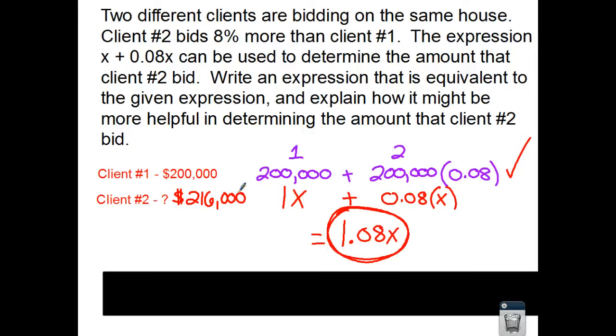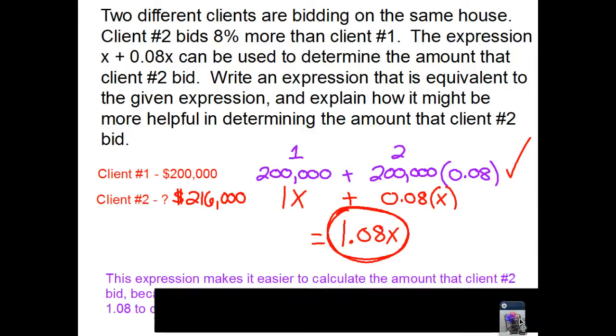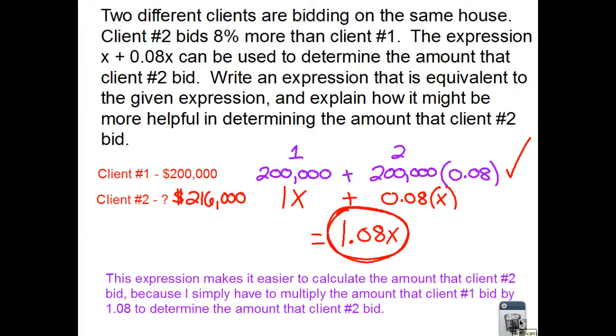All right, so I wrote a little paragraph down here for you. It says, this expression 1.08x, I'll just tell you right now, 1 and 8/100 x. This expression makes it easier to calculate the amount that client number two bid because I simply have to multiply the amount that client number one bid by 1.08 to determine the amount that client number two bid.